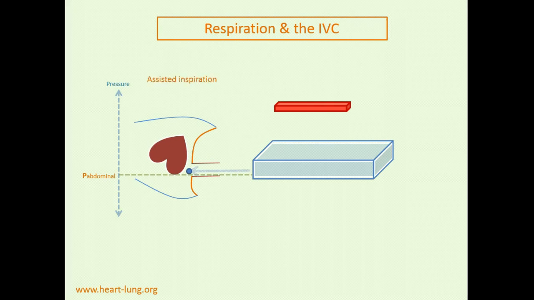Now, what happens during an assisted inspiration? So this is incredibly common in the ICU, but it also applies to patients who are on high flow oxygen, CPAP, BiPAP. They're receiving positive pressure, but they are also alert enough to trigger a breath. So as the breath is triggered, there'll be initially a negative deflection followed by a positive deflection.